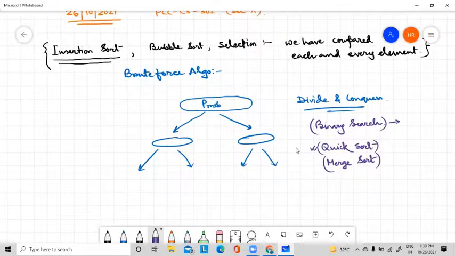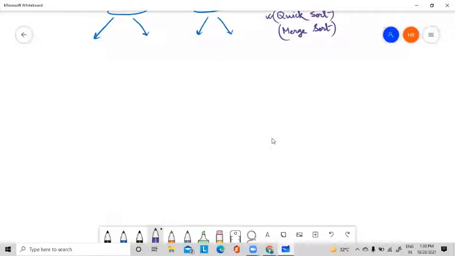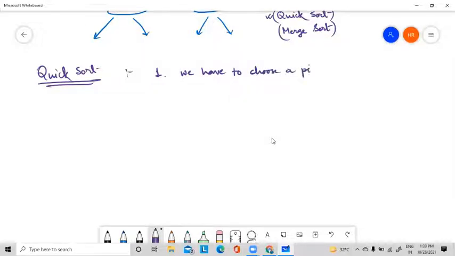The idea of the quick sort algorithm is like this. The first thing we have to do is choose a pivot element. What is the meaning of pivot element?